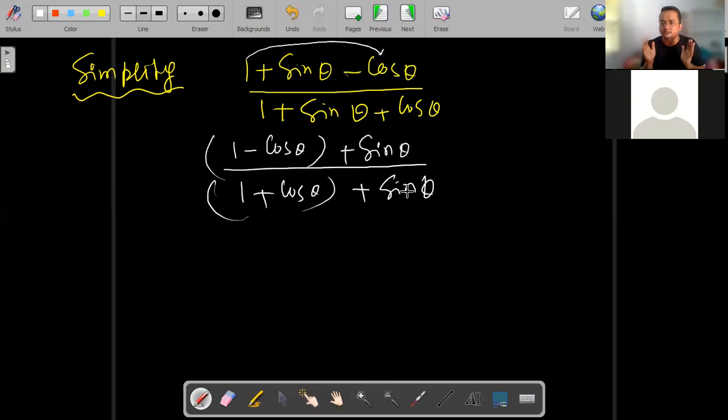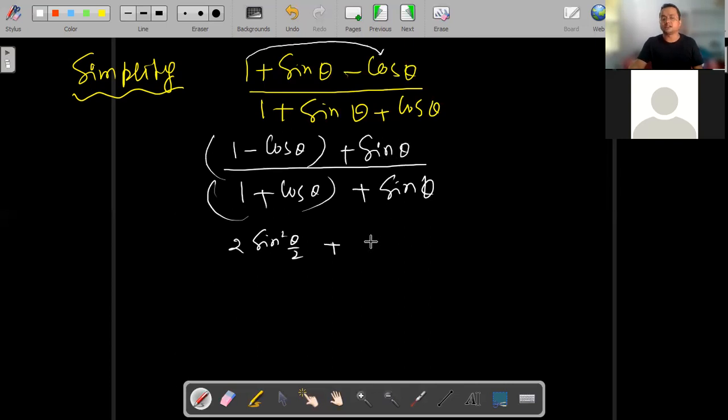Nothing else, simply I have separated it. Now apply the half angle formula. 1 minus cos theta is 2 sine squared theta by 2, using the multiple angle formula.